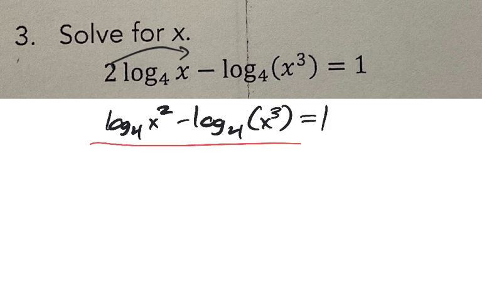Now what do I have? I have 2 logarithms with no numbers in front of them that are being subtracted. I can rewrite subtraction of 2 logarithms as division of the arguments. Why wouldn't you drop the logs? Because it's not a single logarithm on both sides.